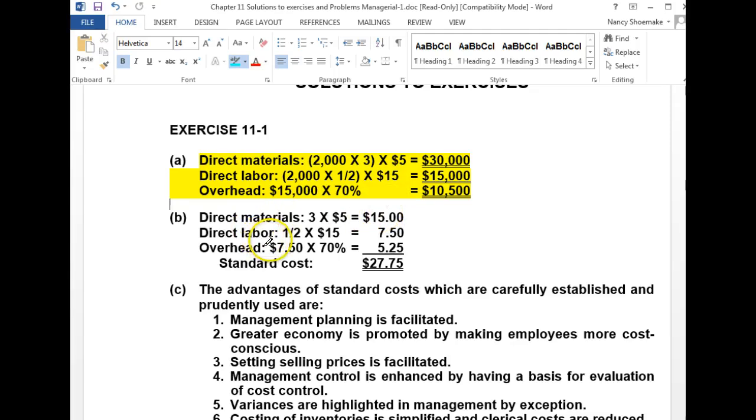Our direct labor hours per unit, we only need a half an hour times $15 is $7.50. And our overhead is going to be 70% of our direct labor, or $7.50 times 70% is our $5.25. So our standard cost per unit is going to be $27.75. We're breaking it down per unit. Does that make sense?